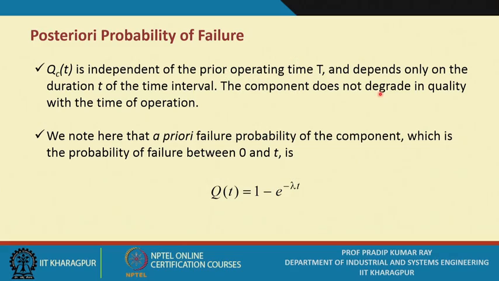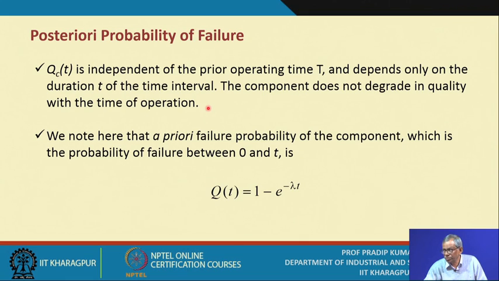So, the component does not degrade in quality with the time of operation. The degrading is very, very important, in fact. That may be the inherent property of the material. So, the product has a material, and not only one type of material, there could be different types of materials, depending on the physical property. You may assume that the product may degrade or may not degrade.